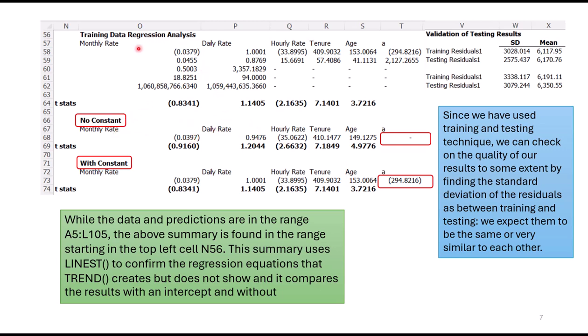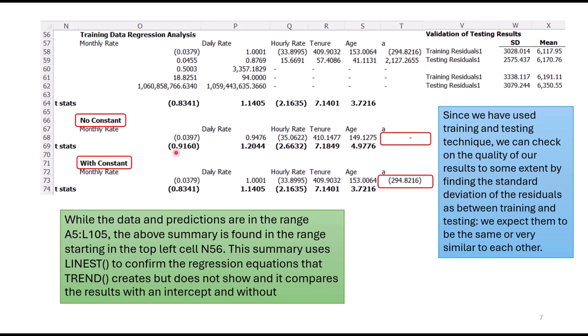So we have the monthly rate, the daily rate, the hourly rate, tenure, and age. And there's the intercept. That's obviously with a constant. With no constant, here we see the monthly rate, the daily rate, hourly, tenure, and age, and a constant that doesn't exist.